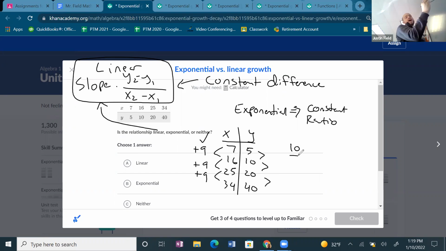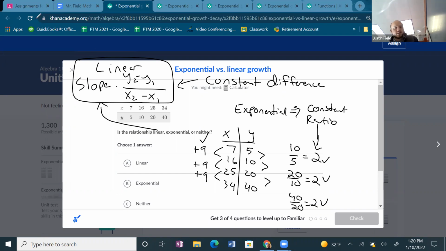So instead of subtracting like y2 minus y1, we're dividing. 10 divided by 5, what's that? 2. 20 divided by 10, 2. 40 divided by 20, 2, we have a constant. Ooh, look, an example of a constant ratio. So this is exponential. Go ahead. Verify that.